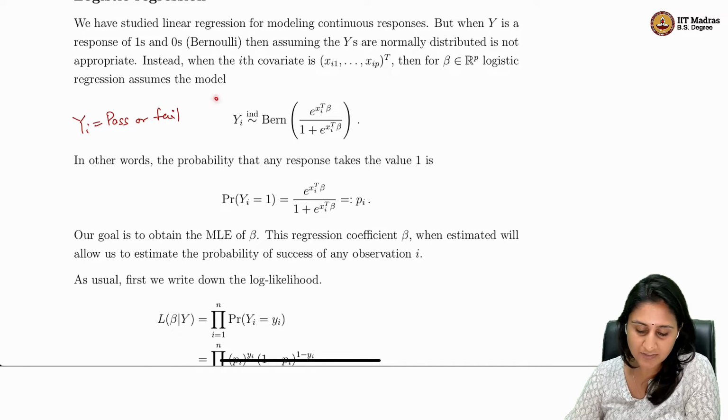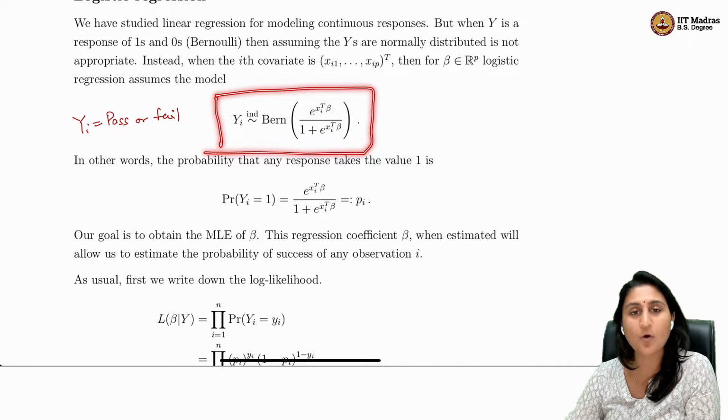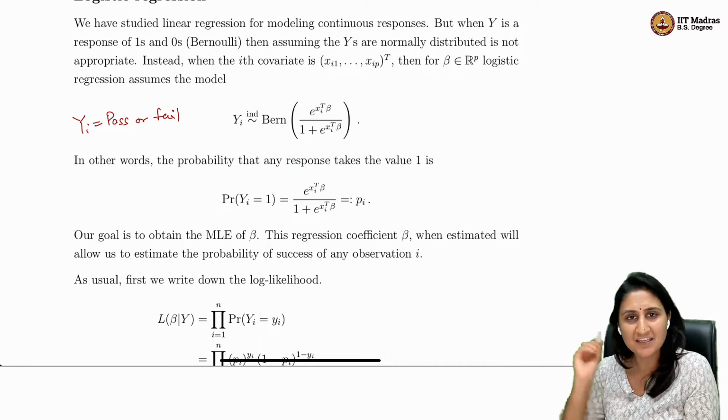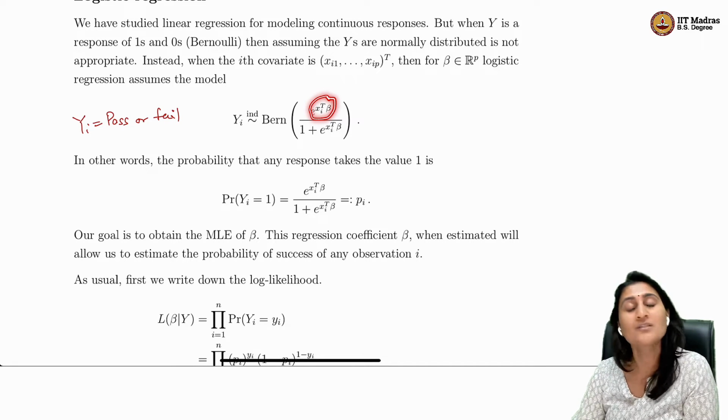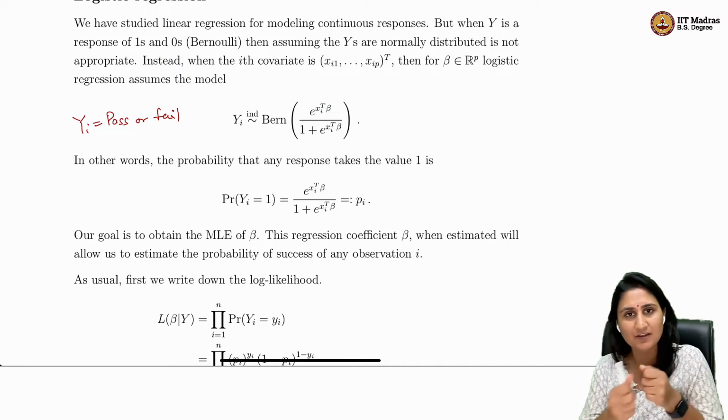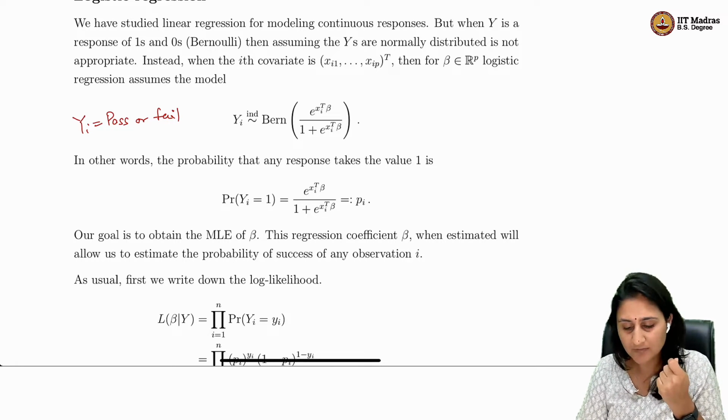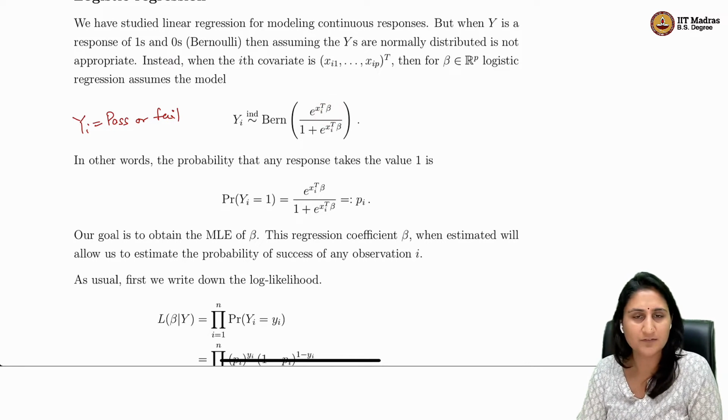Which means that I can essentially say the following: the yi's are all independent of each other, and each individual's probability of success is dependent on their individual characteristic vector xi through this parameter beta that is not known to us.